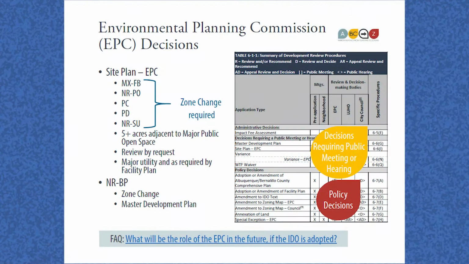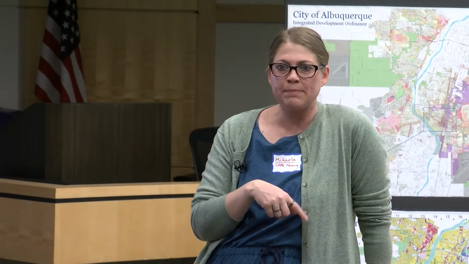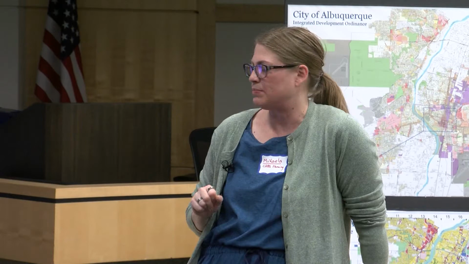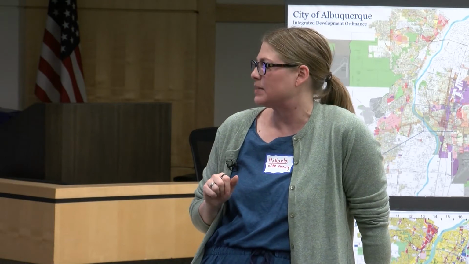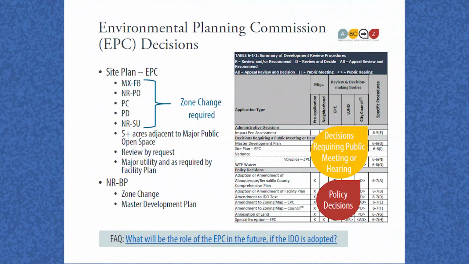PC stands for planned community. These are very large, more than 100-acre sites where you're really trying to create a new self-sufficient community. Mesa del Sol is an example, Westland is another example, the two examples that we've got within the city limits. Planned development is a smaller site, so it has to be between 2 acres and 20 acres.